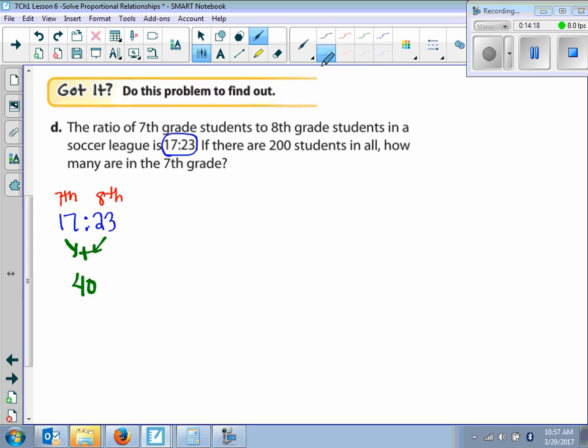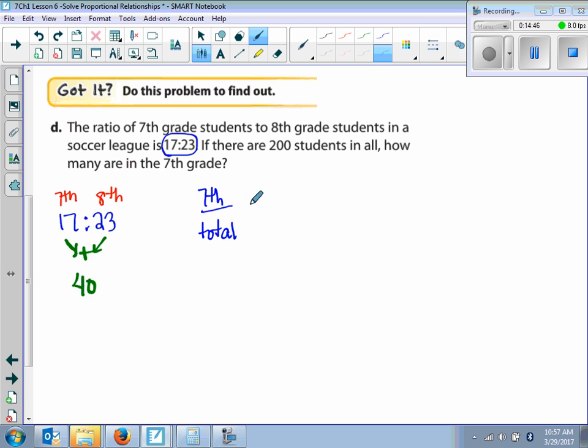So if I am setting up my ratio, the question is, how many 7th graders are there if there are 200 students, right? So we are comparing 7th grade to total. Does that make sense? So it's 7th grade to total.